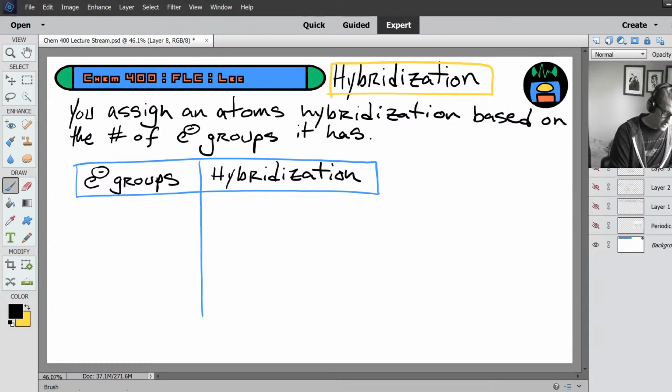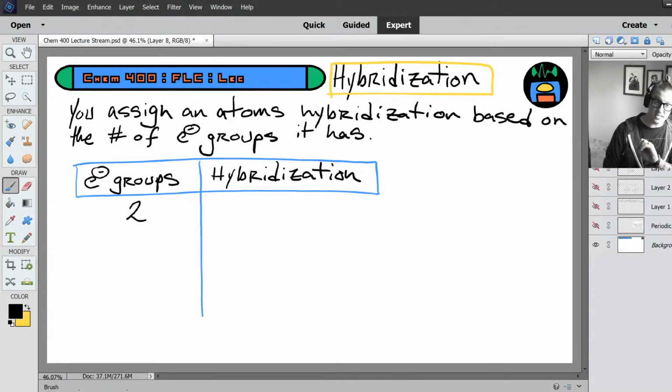If you have 2 electron groups around your central atom, here's the simplest thought with hybridization. You want to ask yourself, to hold this number of electron groups, whether they're bonds or lone pairs, it doesn't matter, how many orbitals do you need to use?